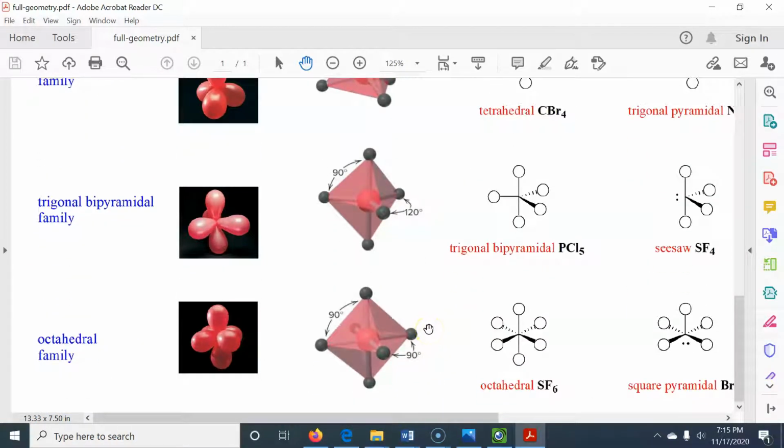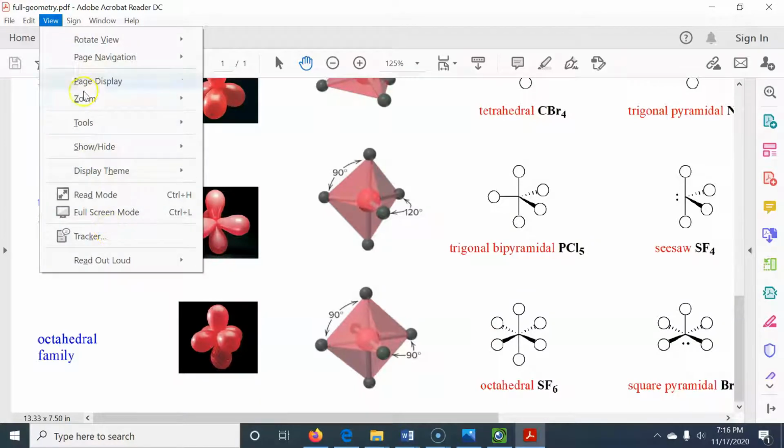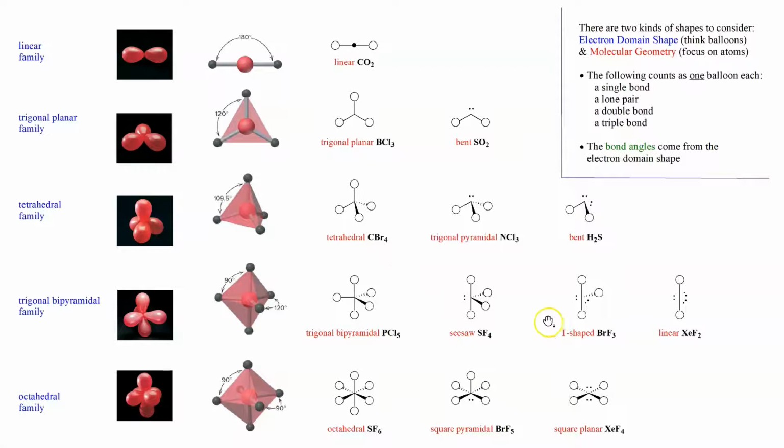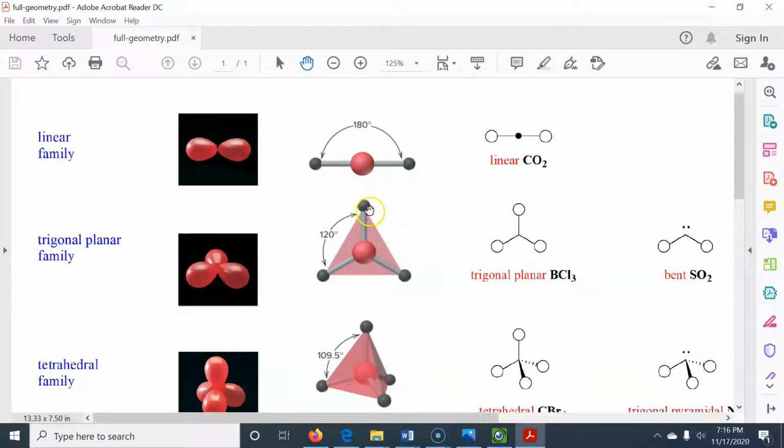Okay, the first one that we're going to look at is the trigonal bipyramidal family, and there are 1, 2, 3, 4, 5 balloons. And this arrangement that you see on the screen, that is the best way you can separate them. It's a little bit smaller. Let me just do this.